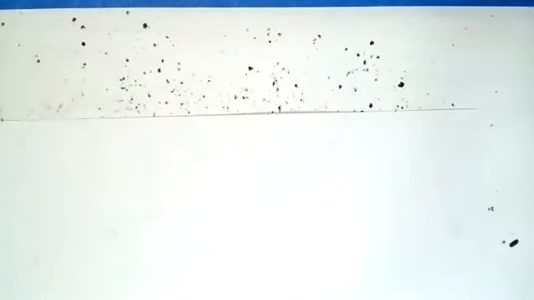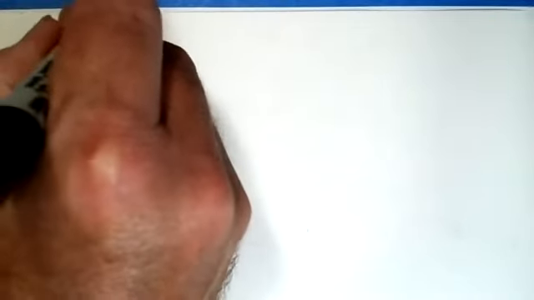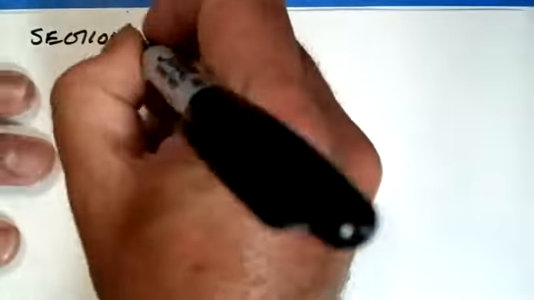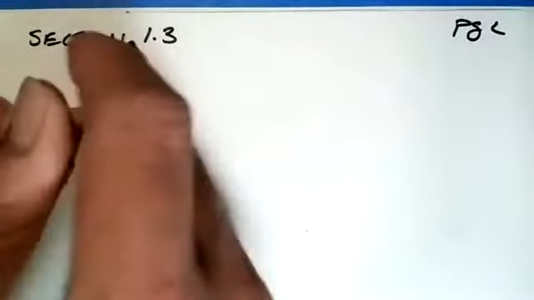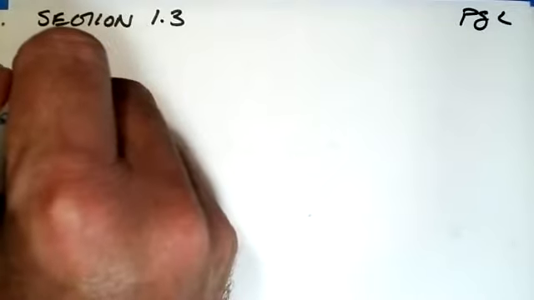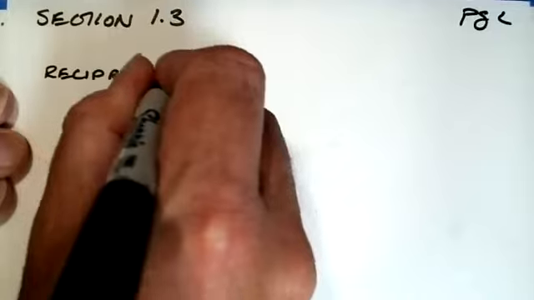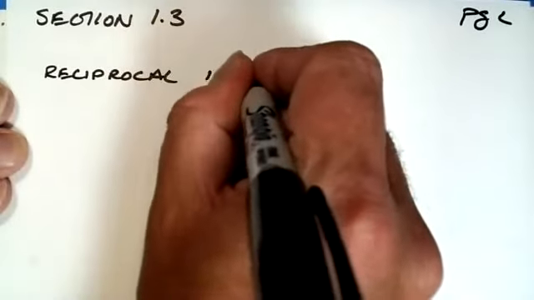Now, there are situations in which one of these might be undefined, but provided that they're both defined, we've got some pretty simple relationships. So this is section 1.3, page 2. This is your first introduction to these fundamental identities. These are called the reciprocal identities.